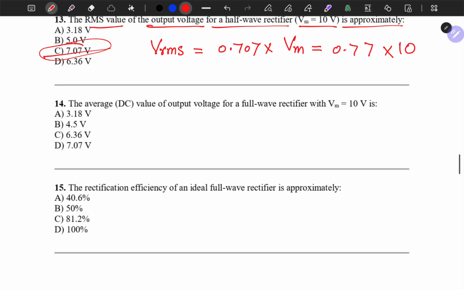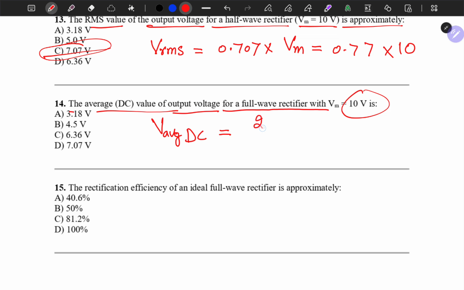The average DC value of the output voltage for a full wave rectifier with 10 volt is found by Vaverage DC equal to 2 Vm divided by pi. This is the equation.